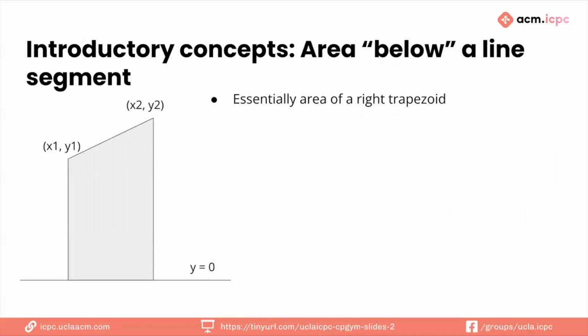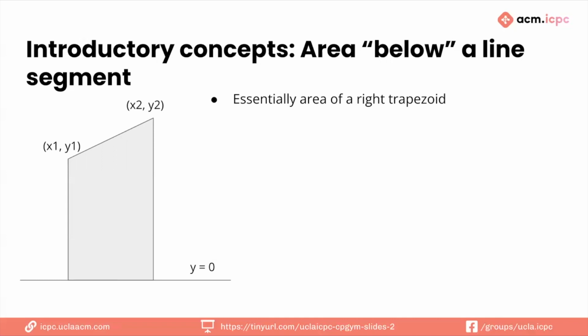Next, the next important concept that we need to know for 2D computational geometry is area. So let's start with a simple one. Can someone tell me how to find the area below the line segment if you're given 2 points, x1, y1, x2, y2? It's essentially the area of a right trapezoid below it. Does anyone know the formula for that?